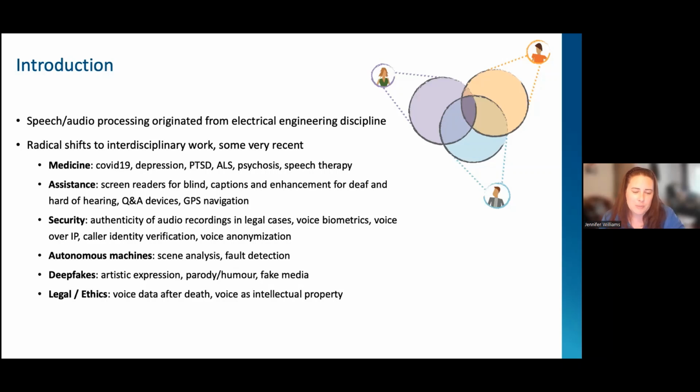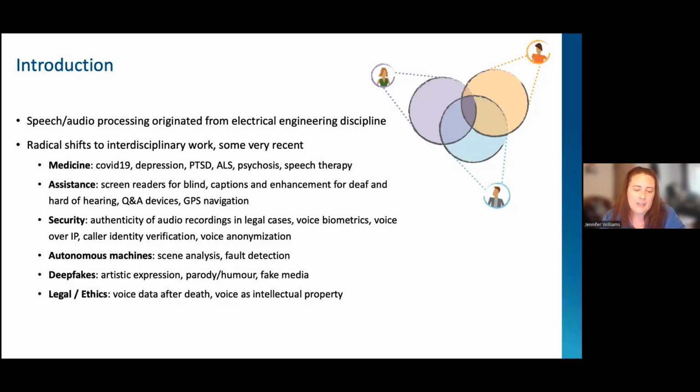In terms of autonomous machines, which I'll talk a little bit about, we have audio scene analysis. Deepfakes is a really big topic lately, especially. So deepfakes are viewed by some as a form of artistic expression, but also a form of parody and humor. And what we see a lot in the news is the use of it for fake media.